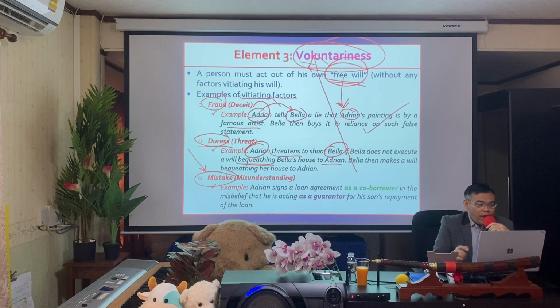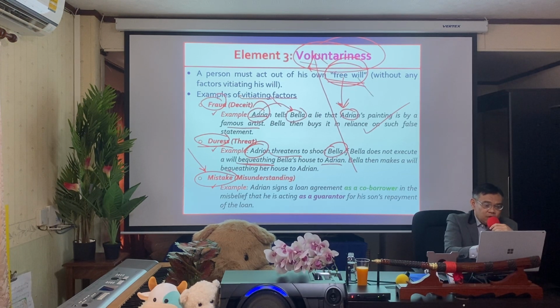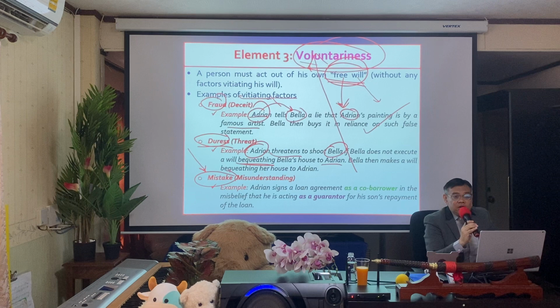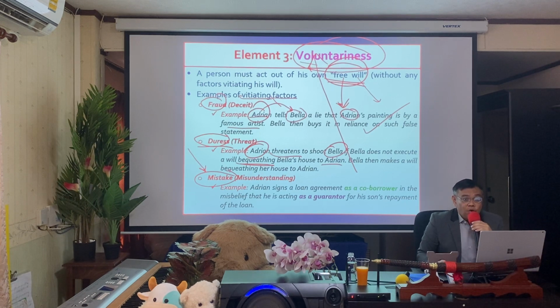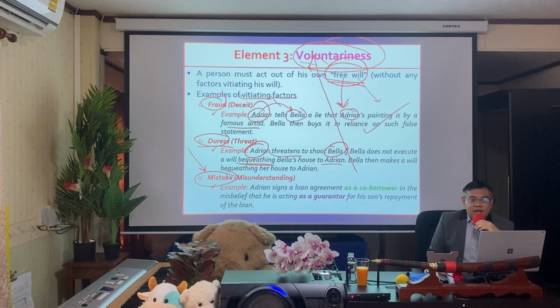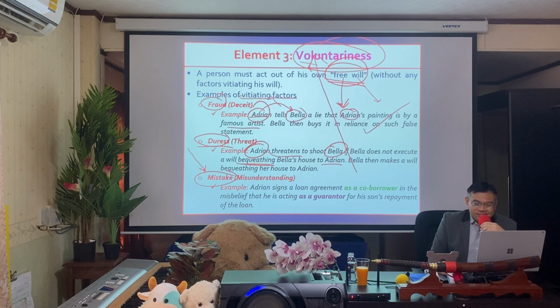When you do something through your free will, that means that you must have correct understanding. But if you do something on the basis of incorrect understanding, you make a mistake about something fundamental or something very, very important, in that case, it will have some effects on the validity of a juristic act.